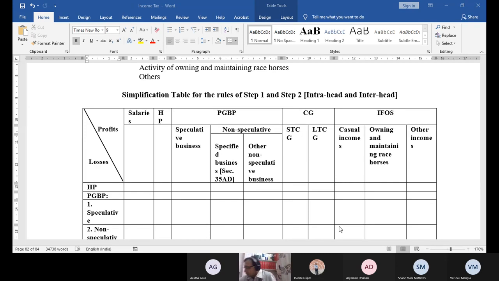Have you understood that in the rows I have written losses, in the columns I have given the heading profits.